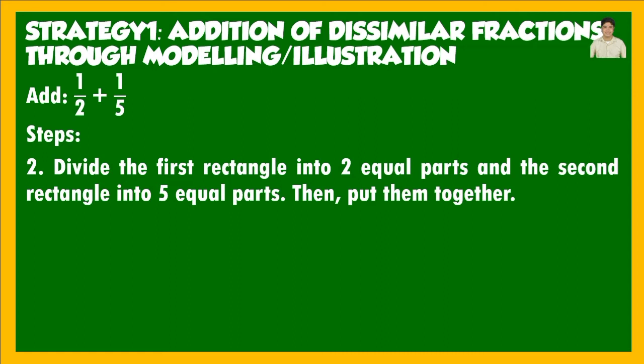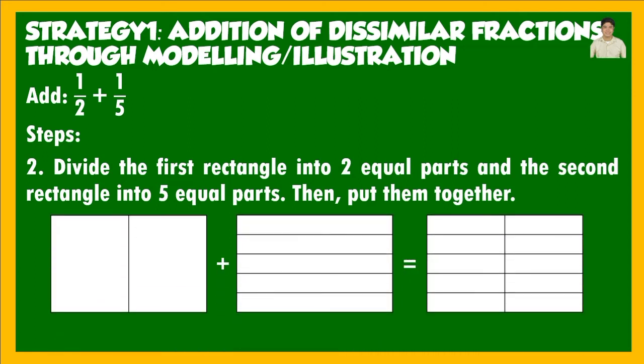So yung una nating rectangle, hatiin daw po natin sa dalawang parts, 2 equal parts. Bakit sa dalawa? It's because 1/2. Yung denominator po kasi, yun po kasi ang magde-decide kung ilang hati meron sa isang figure. So in this case, 1/2, dalawa po yan. Next, yung pangalawa naman po, 1/5 is 5 hati, 5 equal parts.